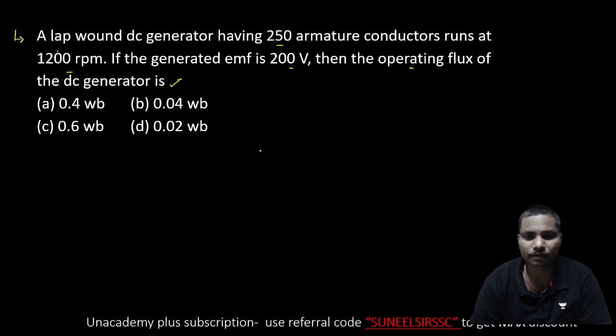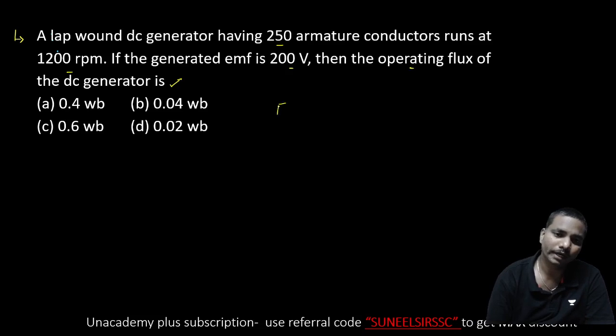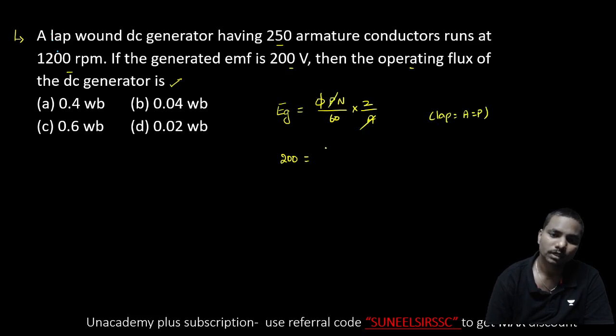So we can find the operating flux from the generated EMF equation, φPN by 60 into Z by A. We want only the flux. Generated EMF is 200, and it is lap wound, meaning A is equal to P, so we can cancel these out. Speed is given as 1200 by 60.